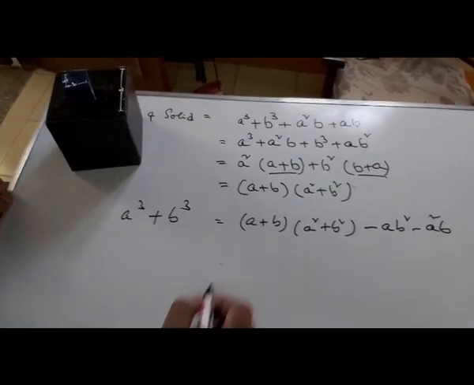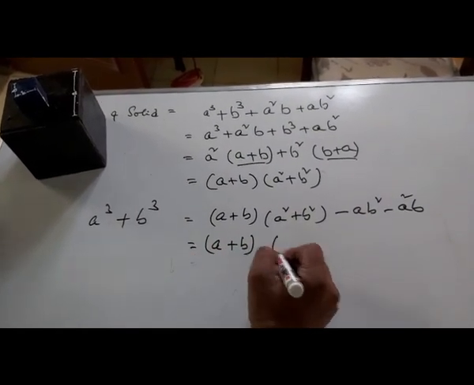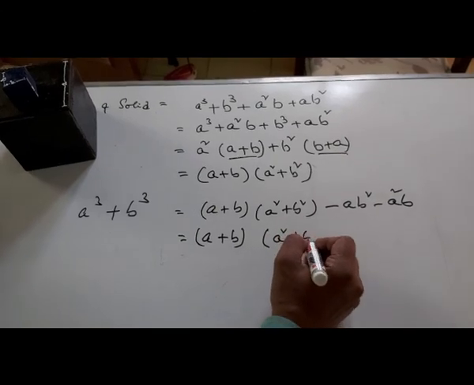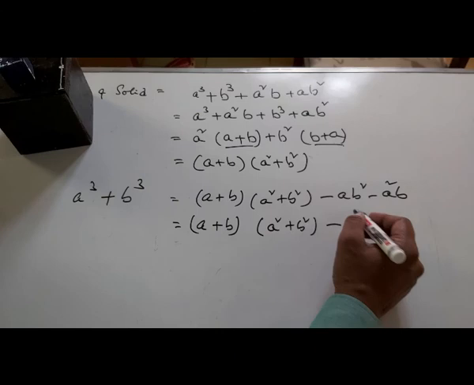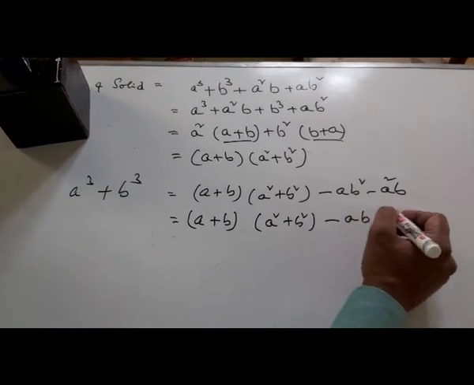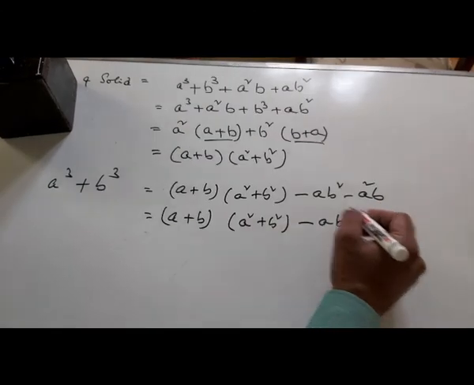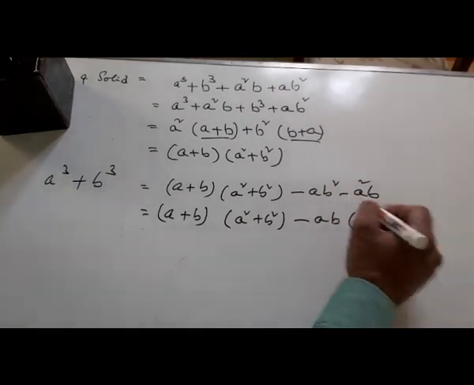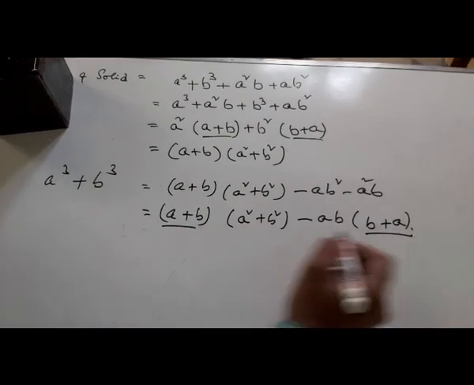Now that is equal to A plus B into A square plus B square, and in this one, what is common? Minus AB is common. If you take out minus AB common, what do you get here? B plus A, which is again A plus B. A plus B is common here.